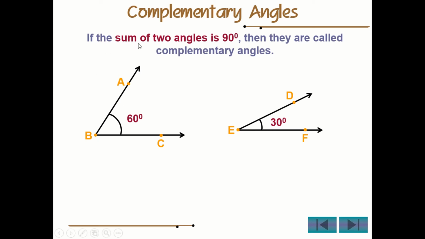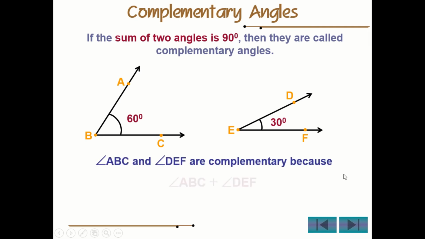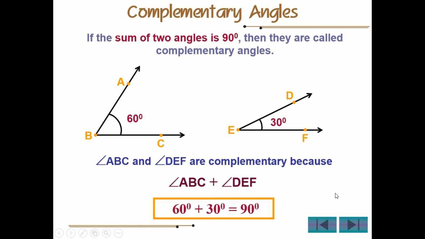Because their sum is 90 degrees. So 60 plus 30 is 90. That means they are complementary because, okay, we have here the formula. That's it.